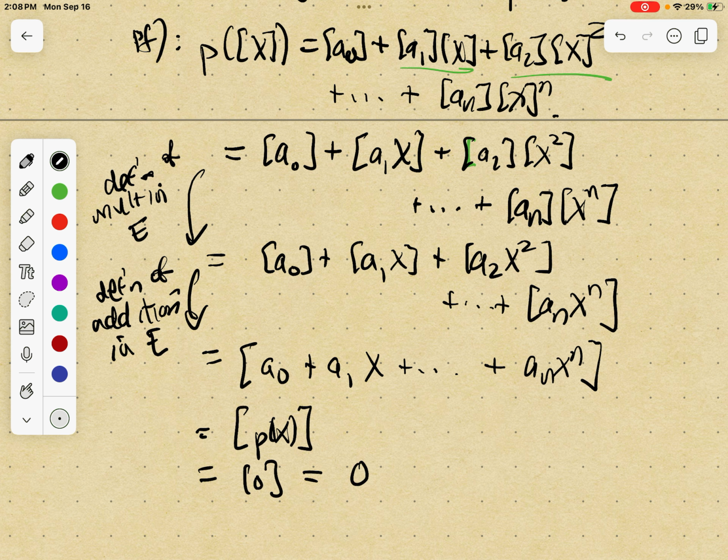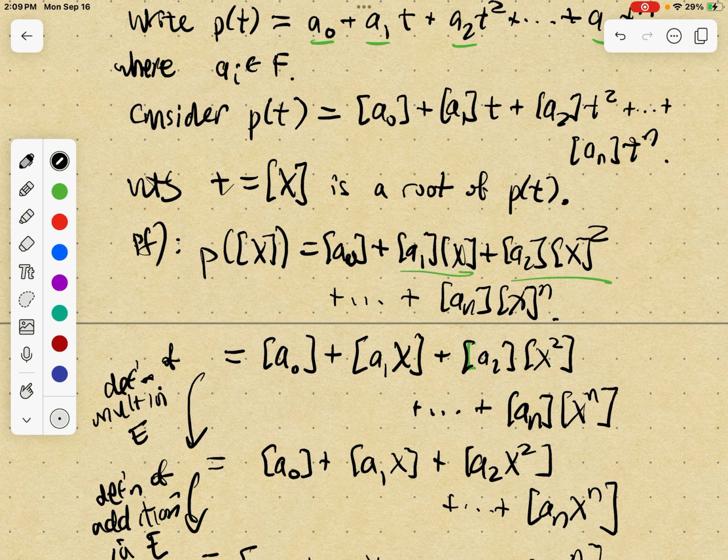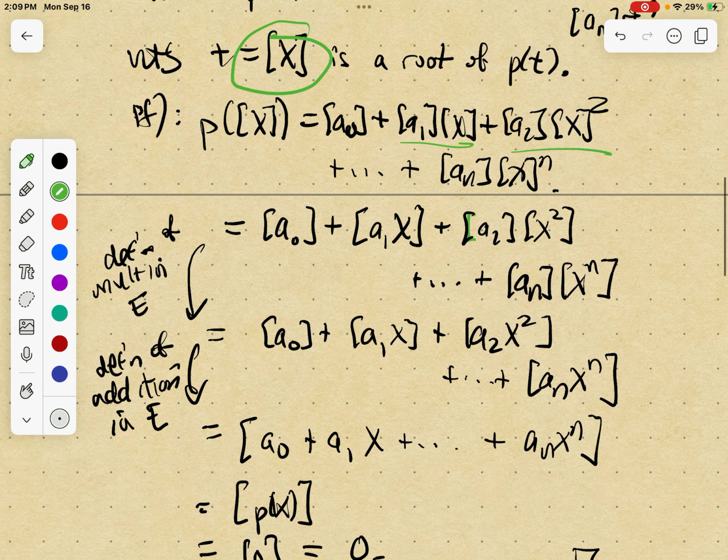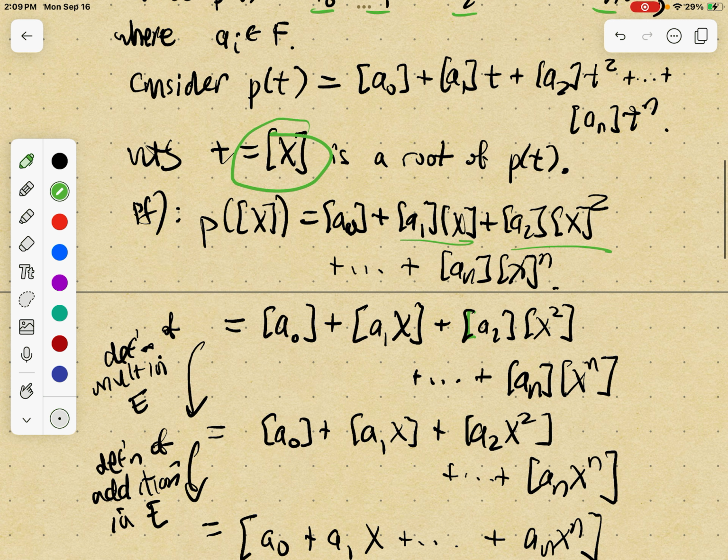And so this is the 0 element in E. And that completes the proof. We just showed that when you plug in this thing in for t, you get the 0 element of E, which is the coset containing p of x. And that completes the proof of the theorem.